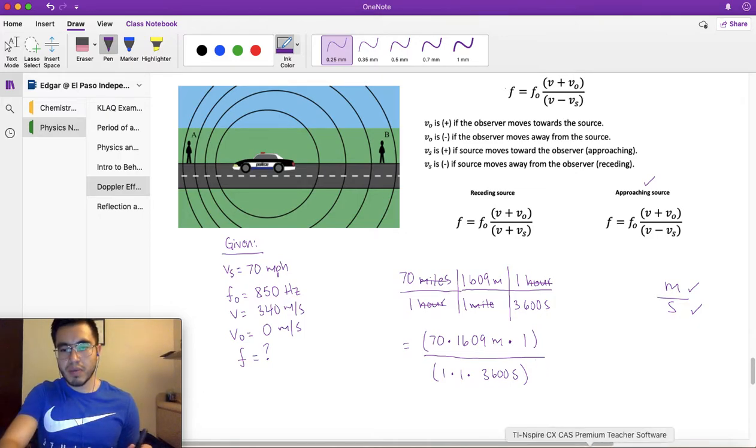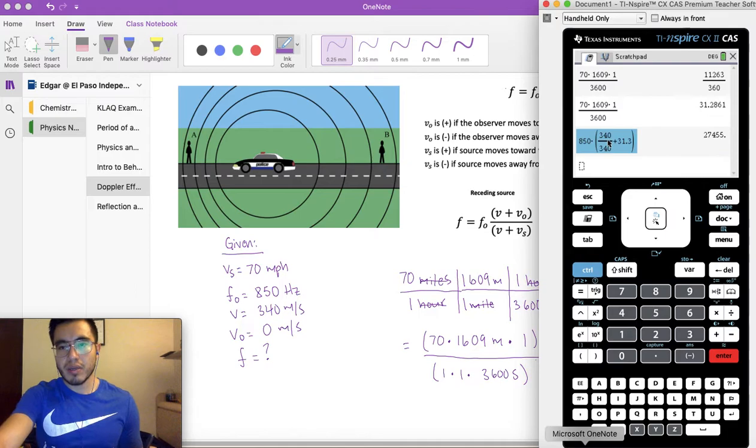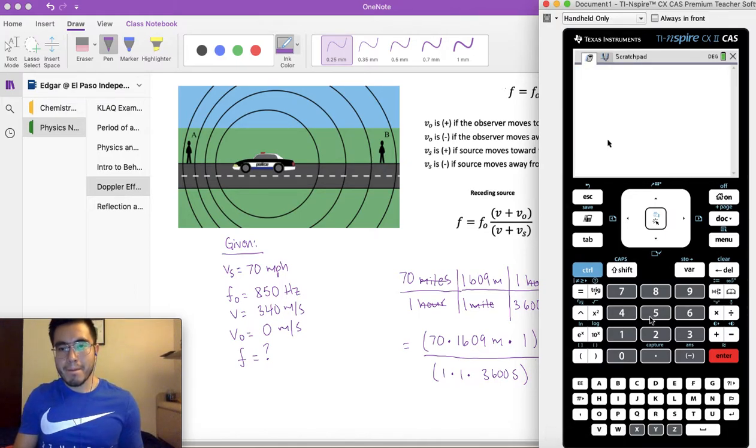So let's do that one real quick. That would be parentheses 70 times 1,609. I know I do not need to multiply times 1 because it would give me the same number, but I'm just going to do it for good practice and so that you do not get confused.